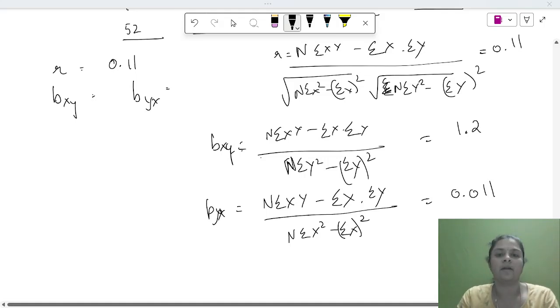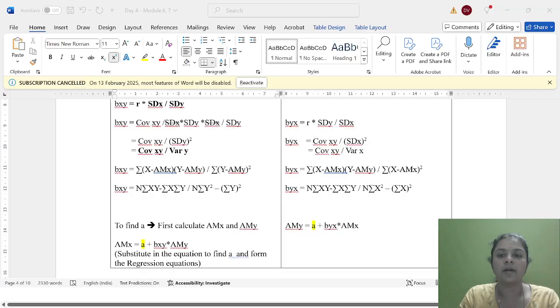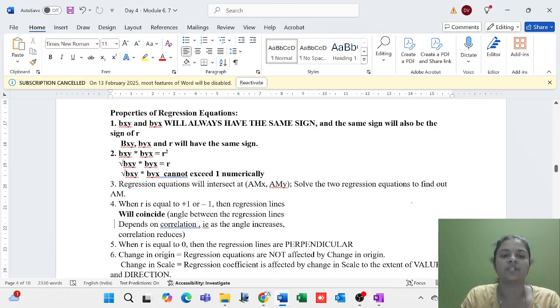Yeah. So now going to the properties of regression. The first 2 properties are very important. bxy, byx and r, the 3 values will always have the same sign. If it is positive, all the 3 are positive.